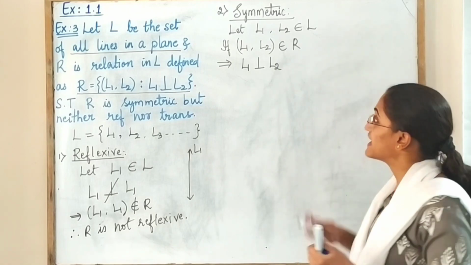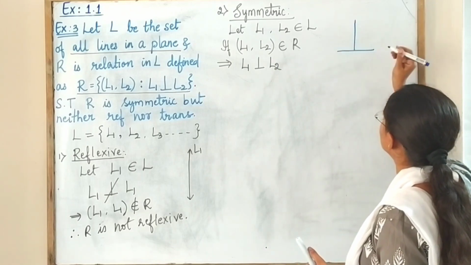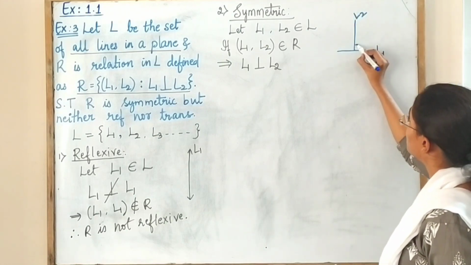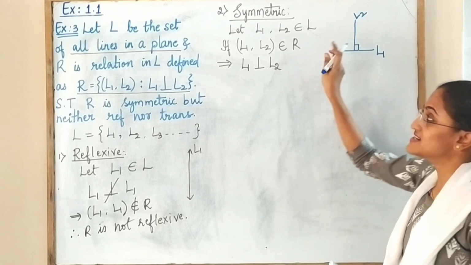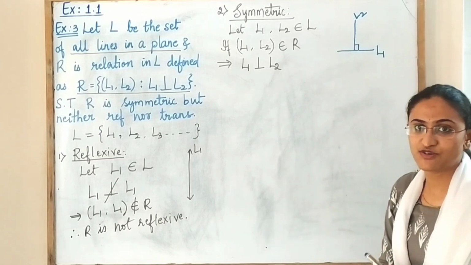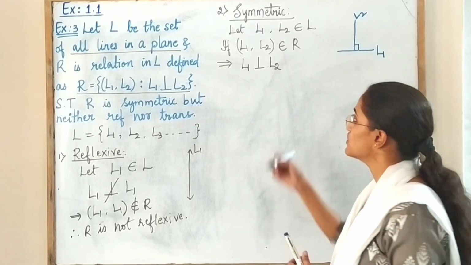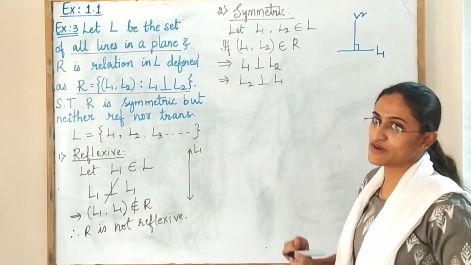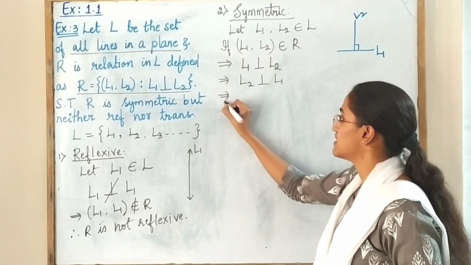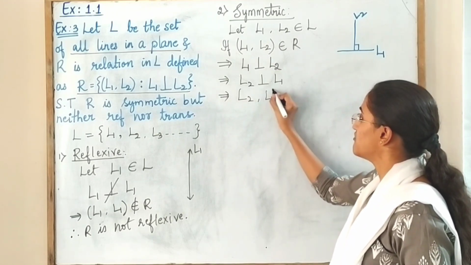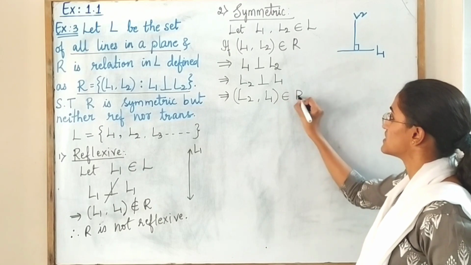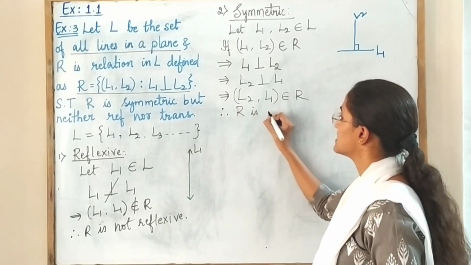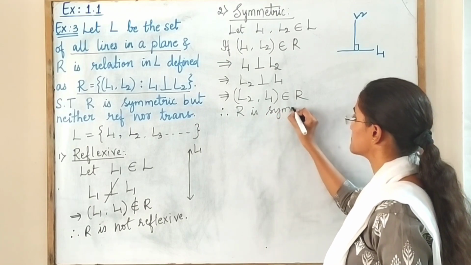Now, if I am taking any two lines which are perpendicular to each other, L1 and L2, L1 is perpendicular to L2 as well as L2 is also perpendicular to L1. Both ways it is true, and hence you can write L2 is also perpendicular to L1, and hence (L2, L1) also belongs to the relation R, and hence you can conclude that R is a symmetric relation.